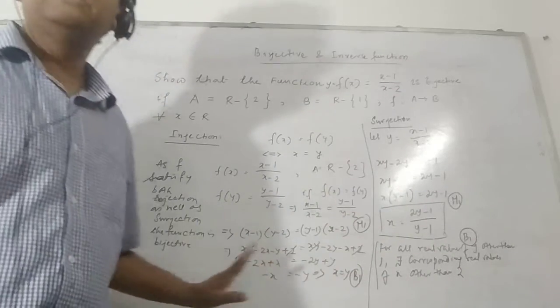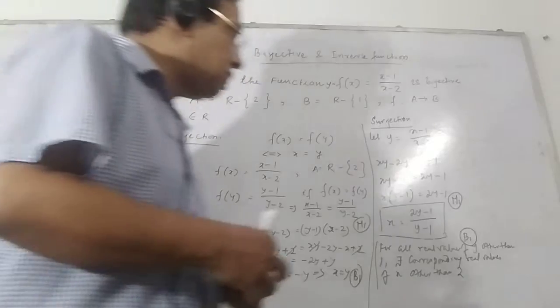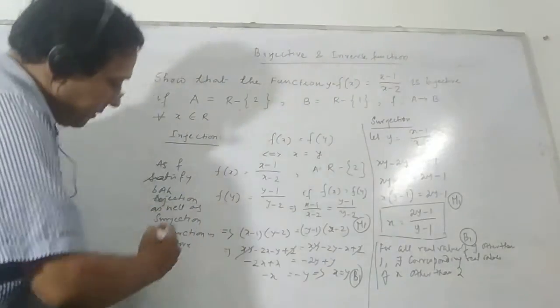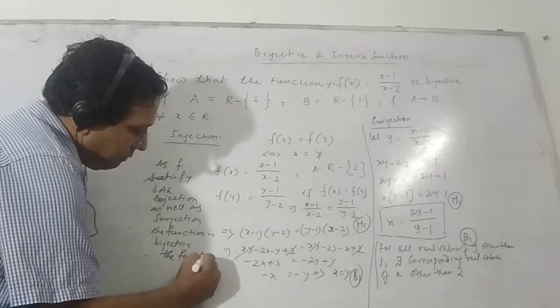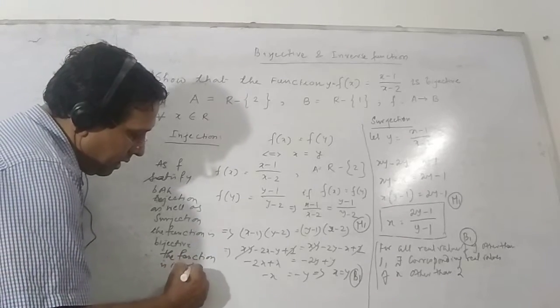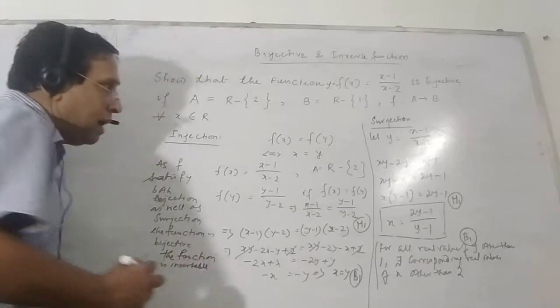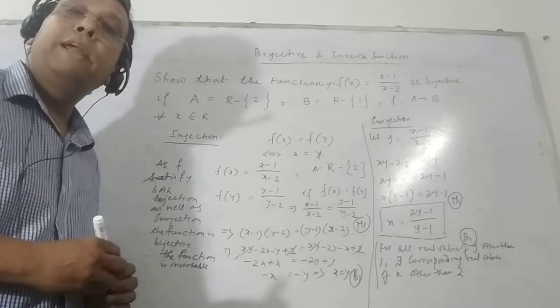Therefore, you can say the function is bijective, and as it is bijective, it must be invertible. So you can write this: therefore, the function is invertible.